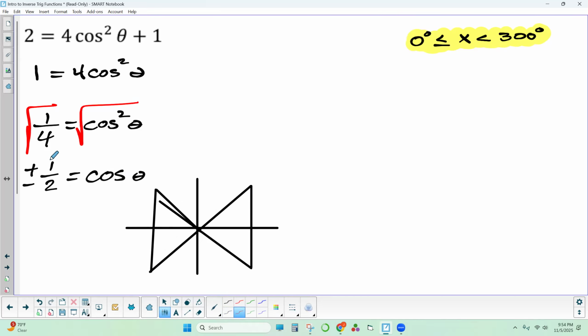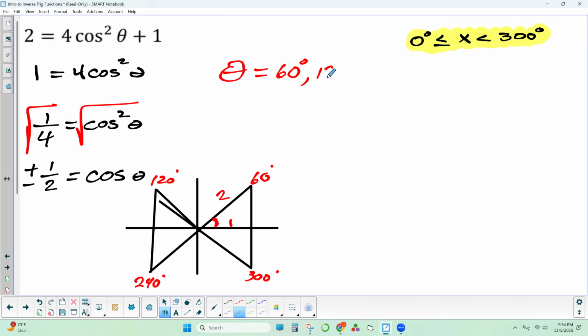Cosine is, of course, x over r. So my reference angle is 60. So there's 60. There's 120. And we've got 240 and 300. Is that right? Double check. Yep, we're good.